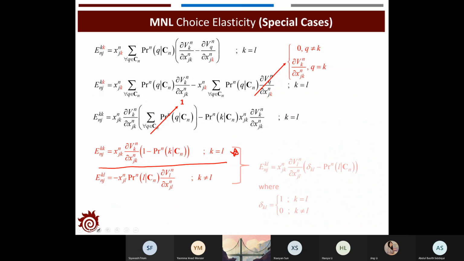If k equals L, that will be 1. If it's not, then that will be 0. So this is the general format for the elasticity with respect to the multinomial logit model. Okay, so that's the overall general expression about that.